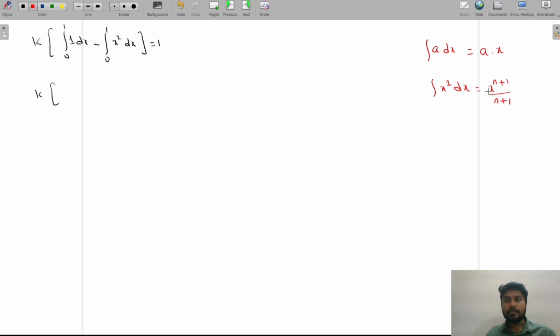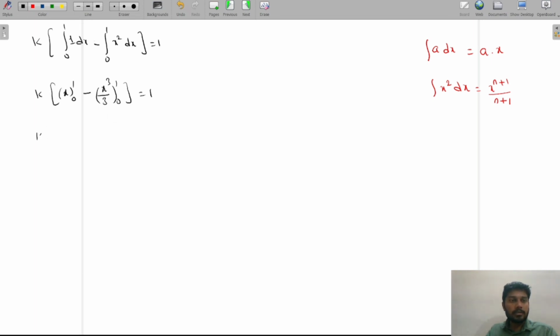So these are my formulas for the first one and second one, right? So now we'll substitute here. Integration of a into dx becomes a into x, right? So here a is nothing but 1. I think no need to write. So x and the limits are 0 to 1 minus integration of x square dx, x power 2 plus 1 by 2 plus 1, which means x power 3 by 3, and the limits are 0 to 1. It is equal to 1.